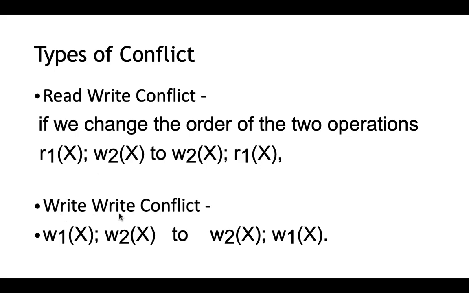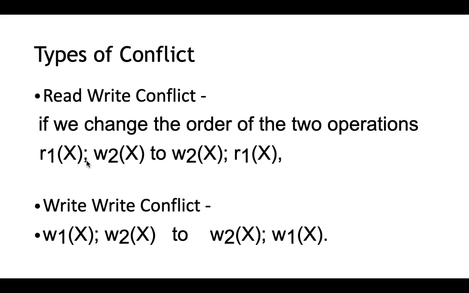Similarly, a write-write conflict means the write order is changed. First it is W1 of x, then W2 of x. If W2 of x occurs first and then W1 of x occurs, the order is changed and it can have consequences, and such a conflict is a write-write conflict. So I hope you are clear on how to identify whether two operations are conflicting, and whether it is a read-write conflict or a write-write conflict.